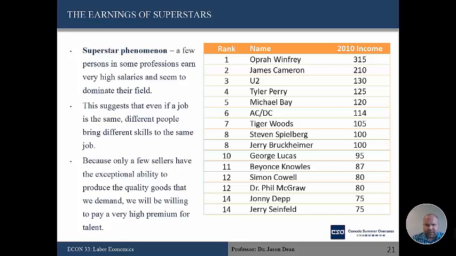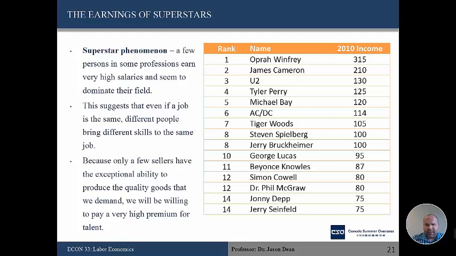Some people in certain professions dominate their field, and their income is a multitude higher than the average. So, for example, movie stars, sports players. You have the exact same job, but different people in that job mean much different wages.